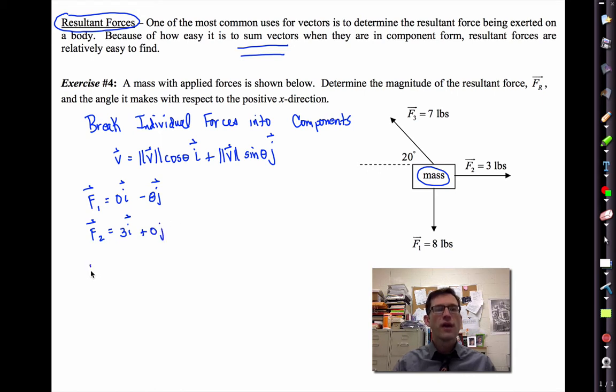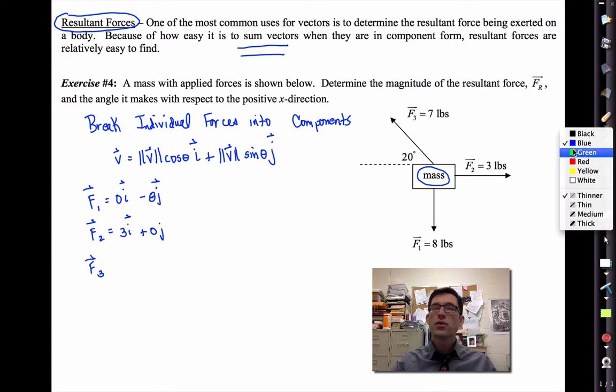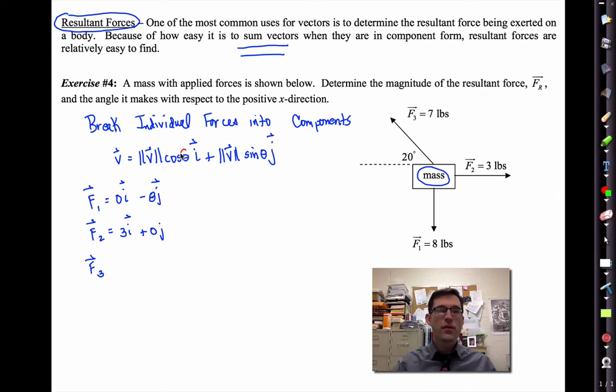Finally, for force 3, we actually have to do a little work. The reason is that theta in this decomposition formula is always the angle from due east. So we really have to keep our eye on the ball here: it's not about the 20, it's about the 160.